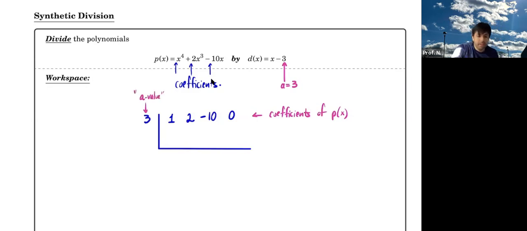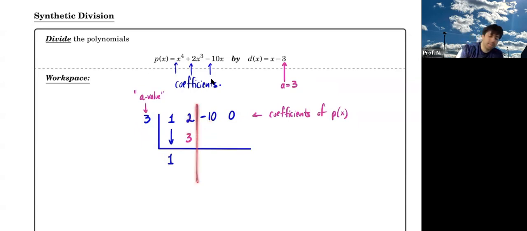Now, how do we proceed with this synthetic division? First, I'm going to bring down the first coefficient, the 1. Then I'm going to multiply 3 and 1. 3 times 1, I get what? I get 3. And what am I going to do now with these numbers?